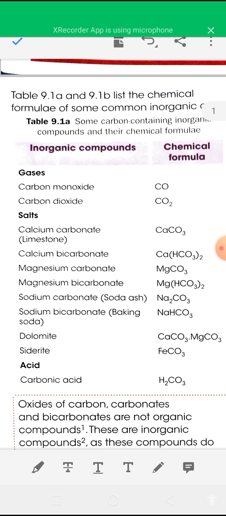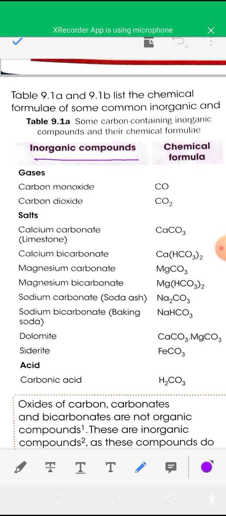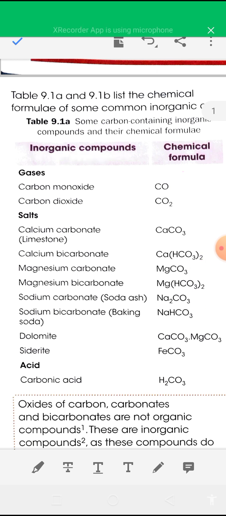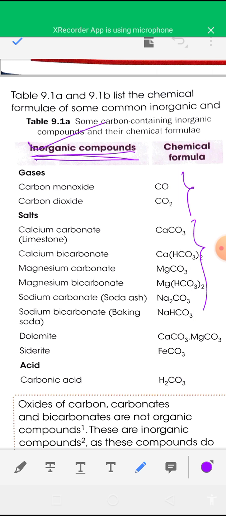In a few compounds of carbon, they are not organic compounds, they are inorganic compounds, like gaseous inorganic compounds such as carbon monoxide, carbon dioxide, and metal carbonates and bicarbonates, that is CaCO3, NaHCO3, Na2CO3. In these compounds carbon is present, although they are inorganic compounds, not organic compounds.